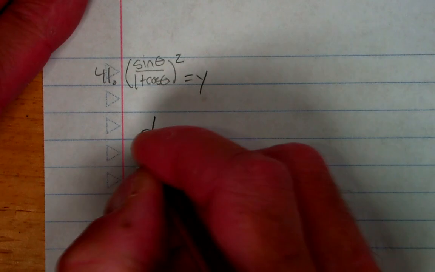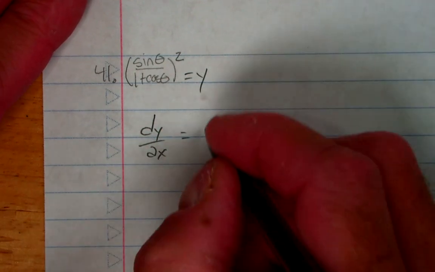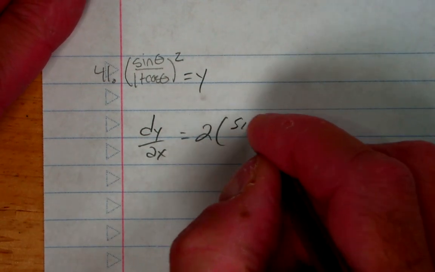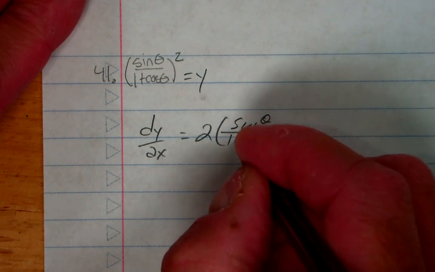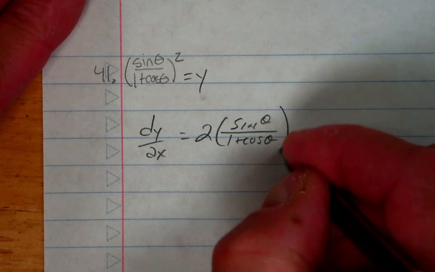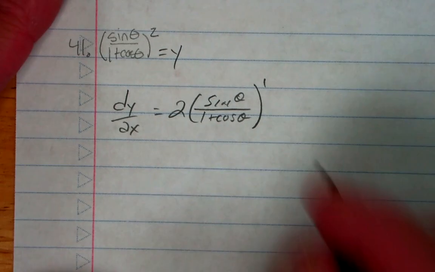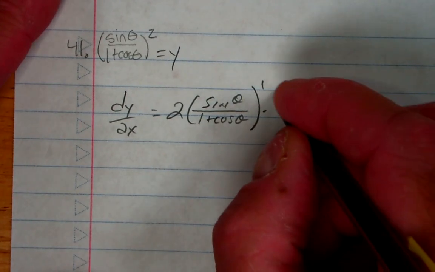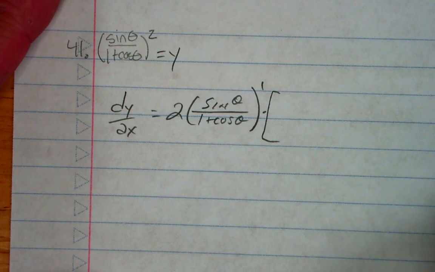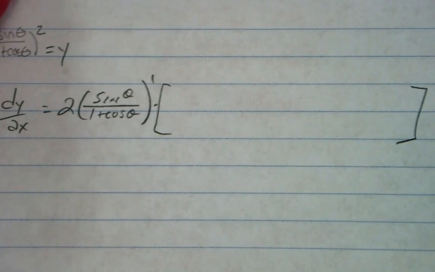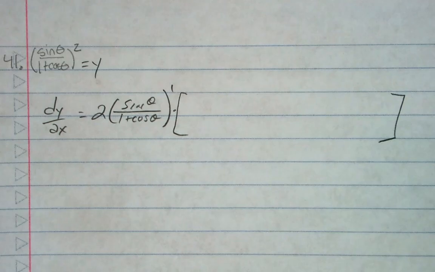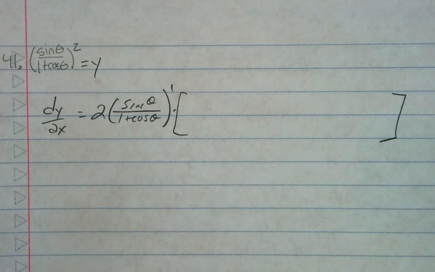So let's go dy/dx equals 2 times this blob to the first, times, and I'm going to put big brackets to make sure that all that is multiplied by everything that's coming. Especially when you're doing a product rule, if you don't put parentheses, you might think it's just multiplied by the first part. No, it's multiplied by the whole derivative.